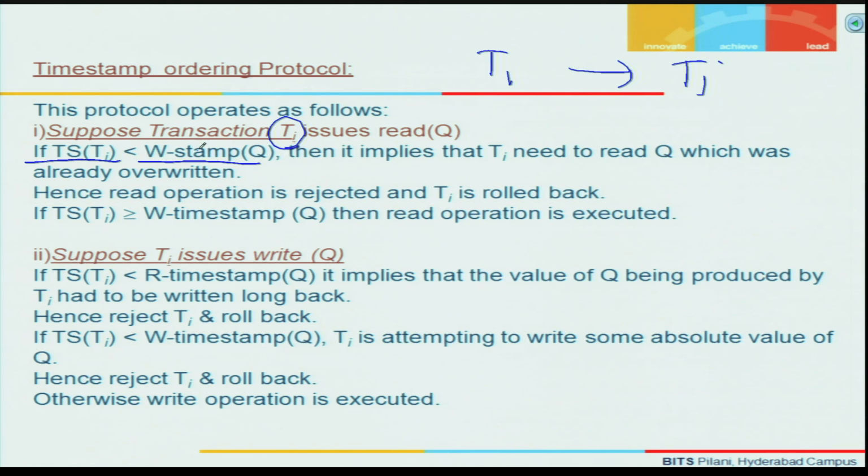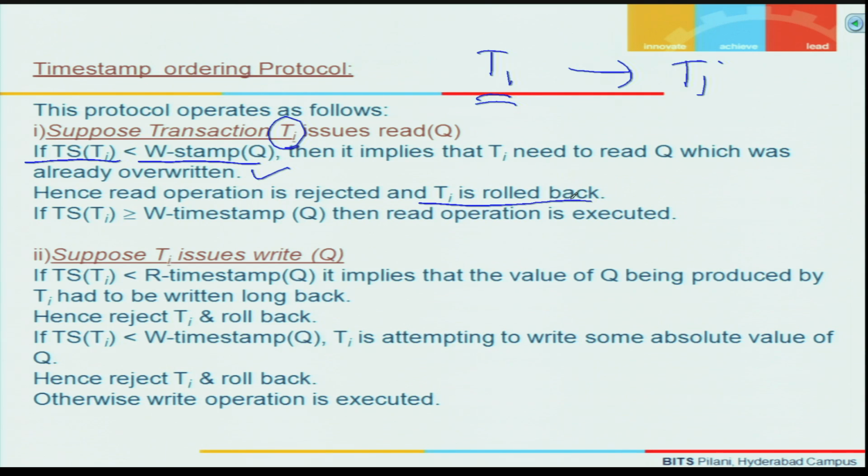So Ti needs to read the data item Q which was already overwritten by some younger transaction which has been started later, hence it may lead to some problem, hence the read operation is rejected and the Ti is rolled back and then it is restarted.